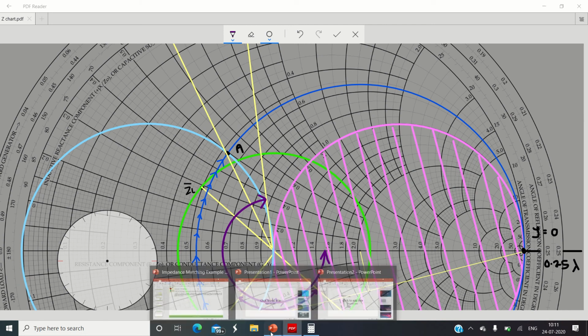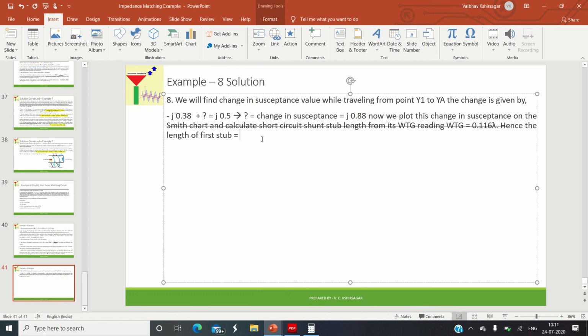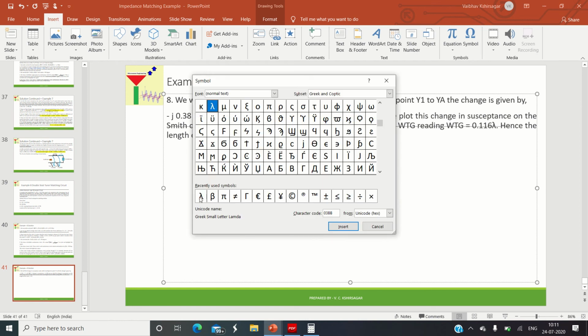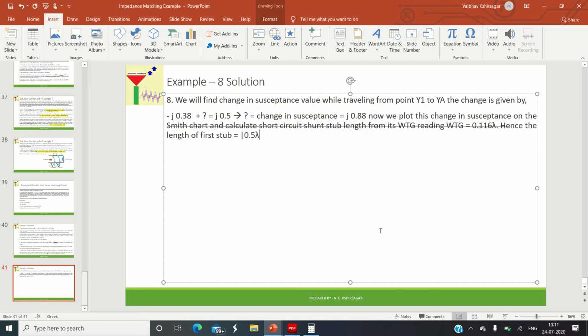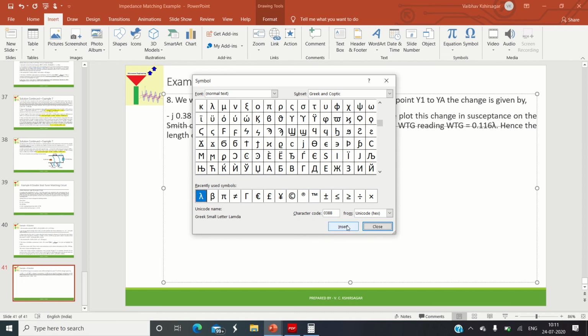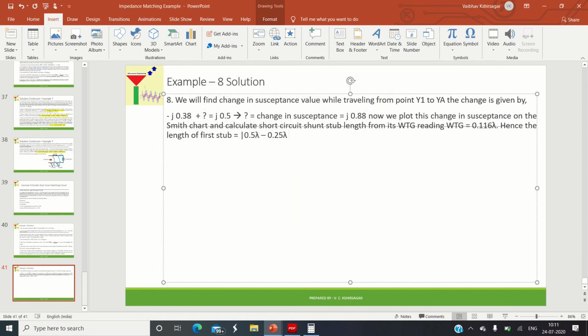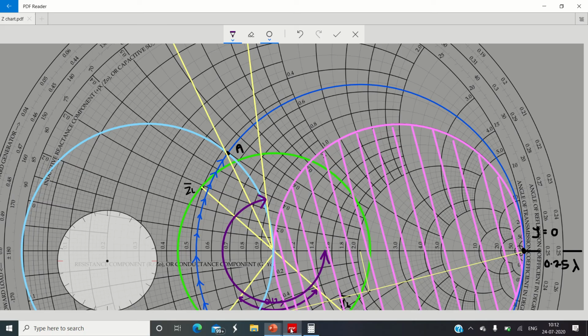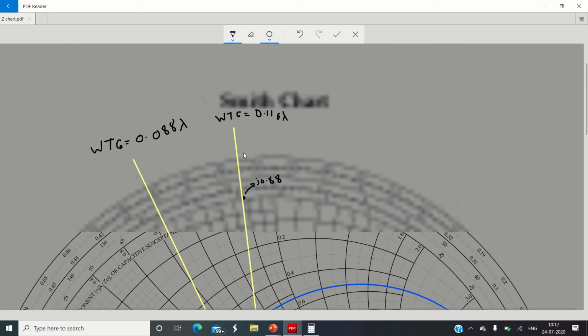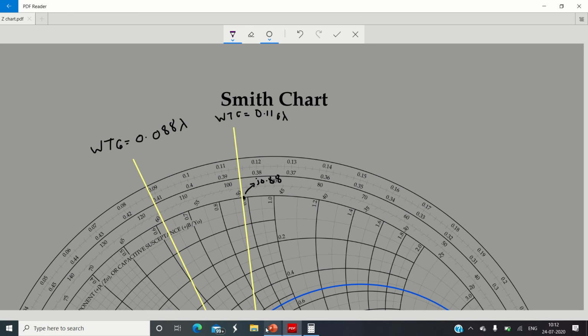Here in the solution, the length of the first stub is 0.5 lambda minus, on the right hand side, 0.25 lambda, and into that we need to add this much distance, from this particular point to this particular line. It is directly given as 0.116. So I will add that.